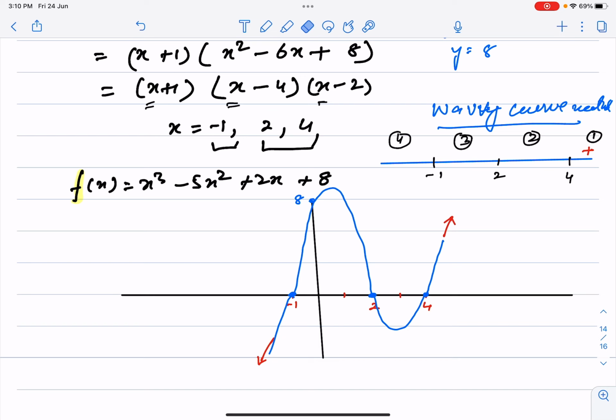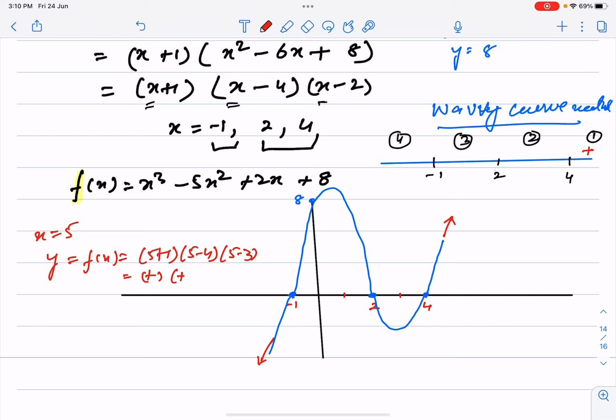Suppose I put x is equal to 5, what will happen? f(x) will be (5 plus 1)(5 minus 4)(5 minus 3). All positive, so y has to be positive. Therefore positive sign over here.